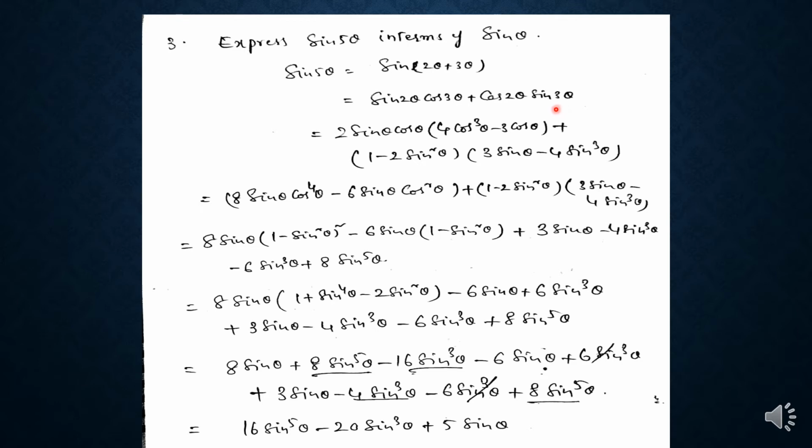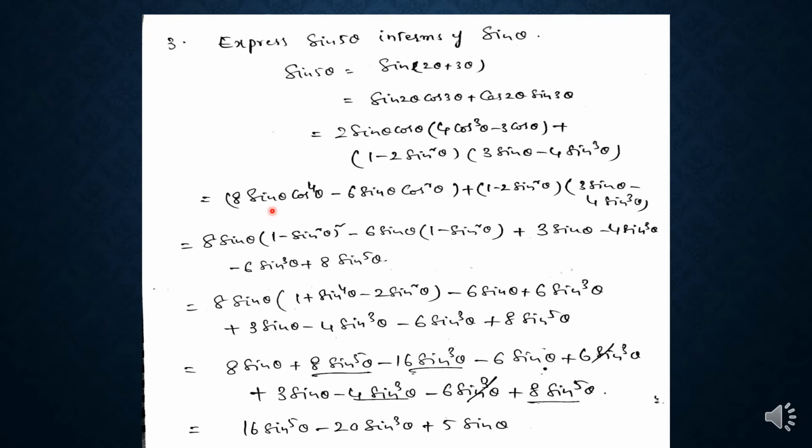Now by applying the formulas, what is sin 2 theta? Sin 2 theta is 2 sin theta cos theta. What is cos 3 theta? 4 cos cube theta minus 3 cos theta. Plus, what is cos 2 theta in terms of sin? That is 1 minus 2 sin square theta, into sin 3 theta, which is 3 sin theta minus 4 sin cube theta.